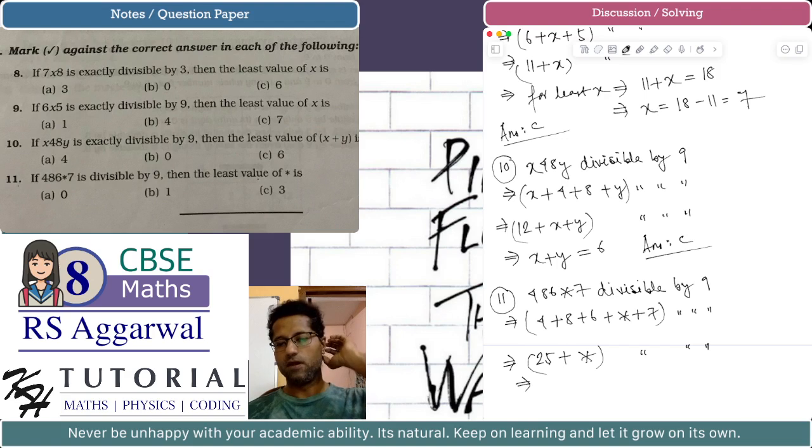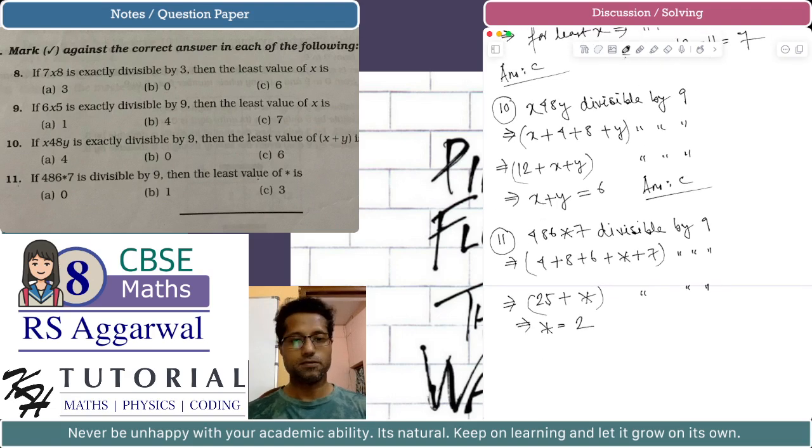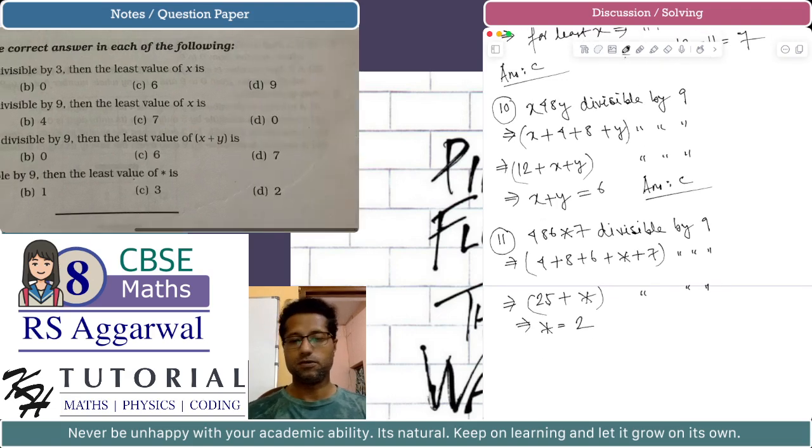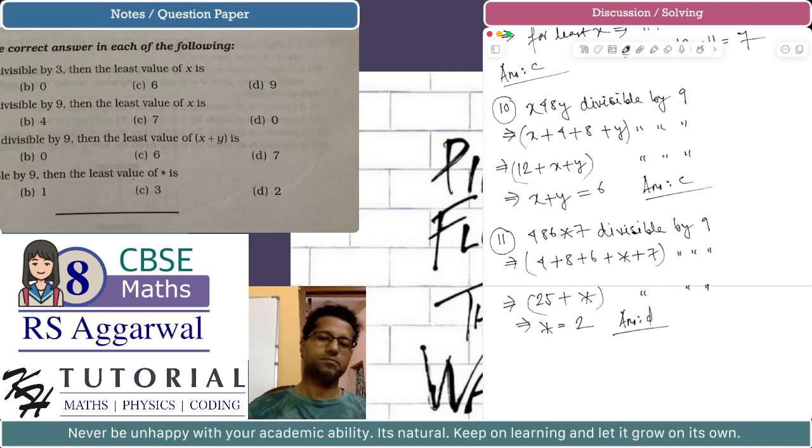Now the number just after 25 which is divisible by 9 is 27. So this implies star is equal to 2. That is the least value of star such that 25 plus star is divisible by 9 is 2. Hence the correct choice is D.